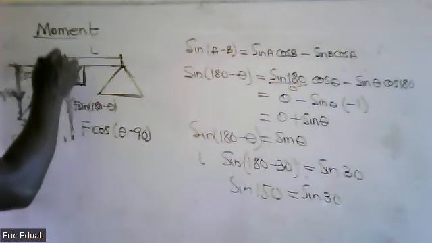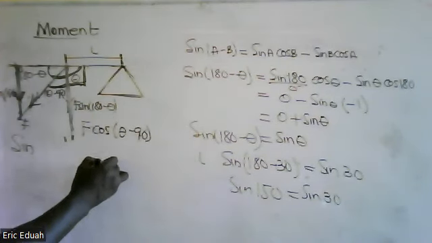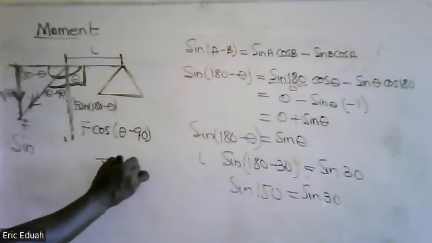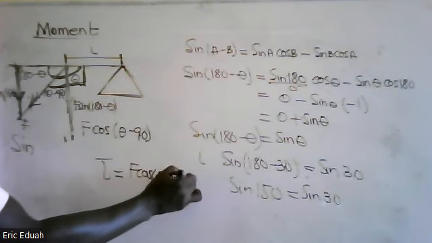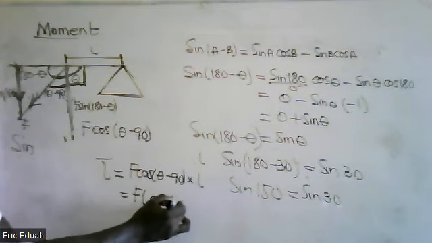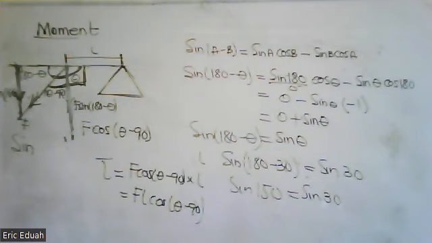So the torque or turning effect becomes F cos theta minus 90 times L. FL cos. So it actually depends on the angle you are looking at. Is that okay? It actually depends on the angle.